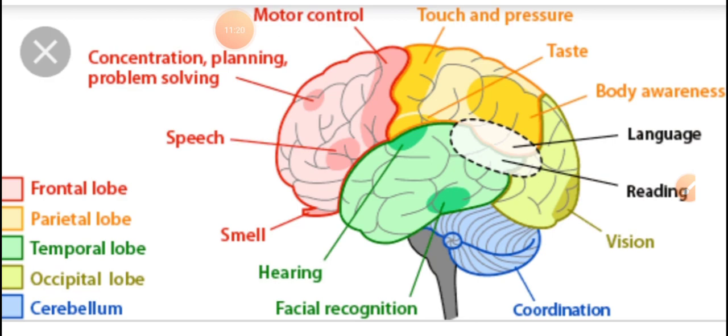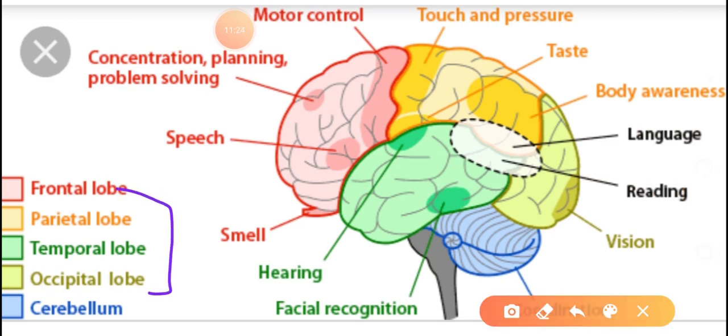Now see, very beautifully they have shown with the help of color. The red color portion is your frontal lobe, and your yellowish color is your parietal lobe. Green is your temporal, and a light green is your occipital lobe.